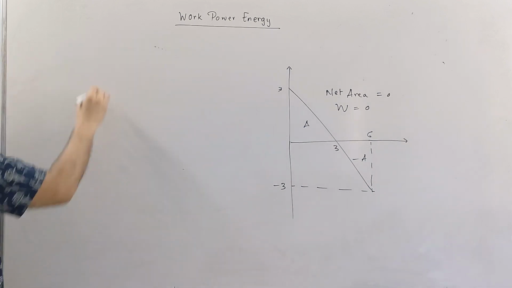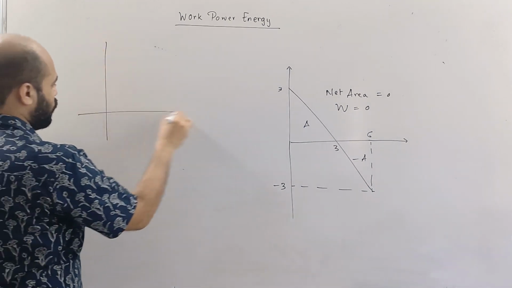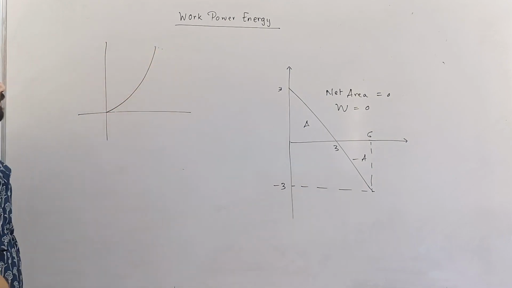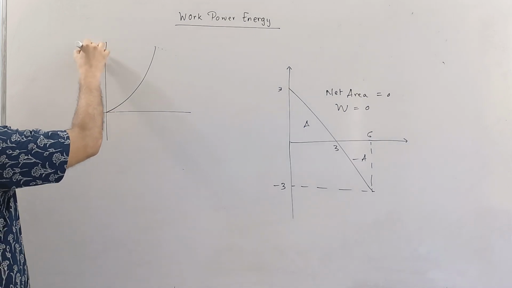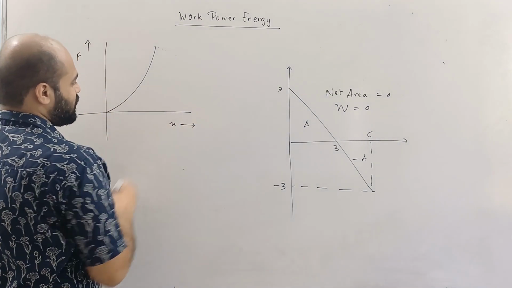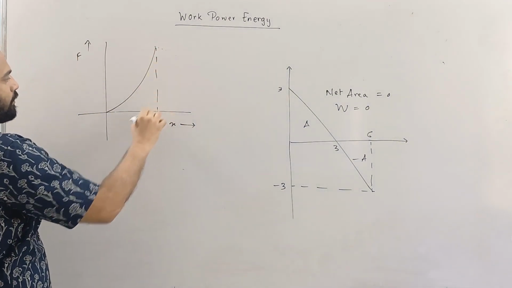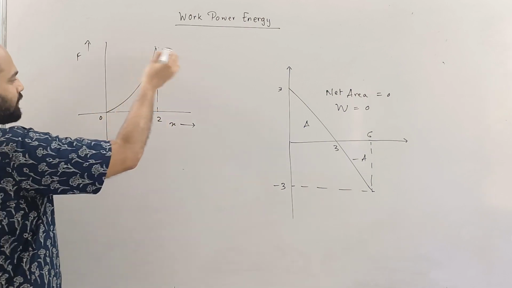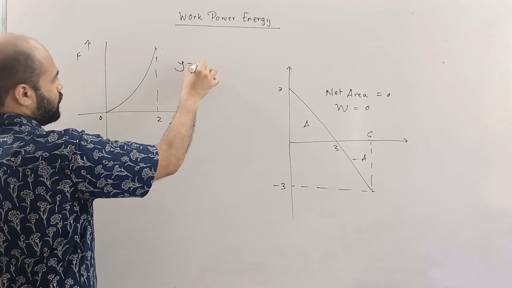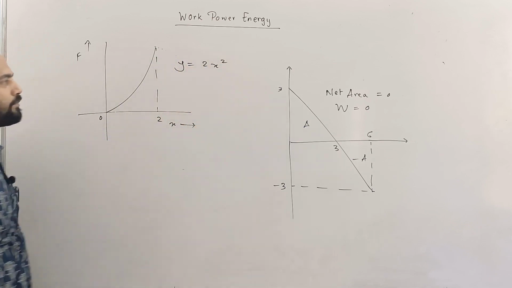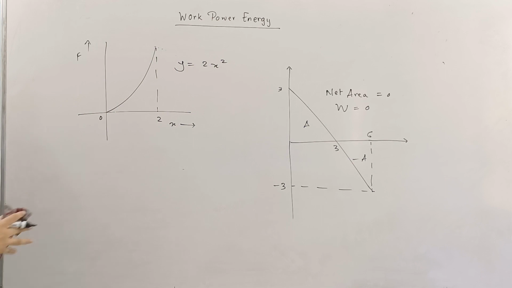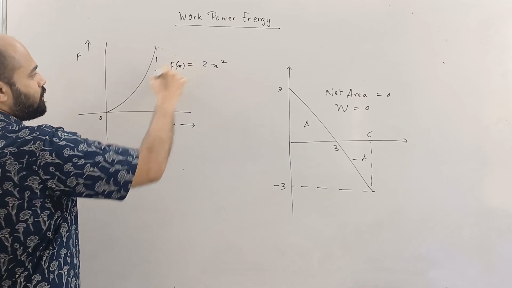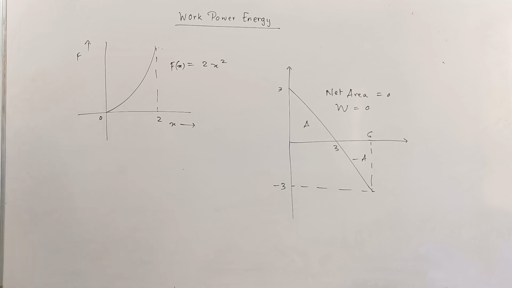Let us say that this time around we have got a function which is given like this, force, and this is displacement. This is 2, this is 0, and let's call this function y equals 2x squared. This is a function, so I have to write it in a slightly different way. The function is force, so it's a variable force.